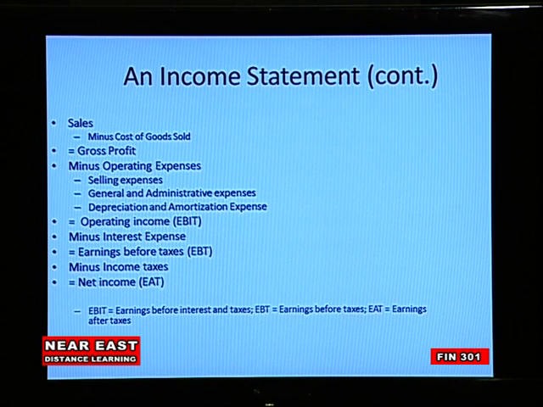Example, if we bought a car for $1 million, after that we sold it for $1,200,000. Now, the sales will be $1,200,000, and cost of goods sold will be $1 million. The difference between the sales and cost of goods sold will be gross profit.